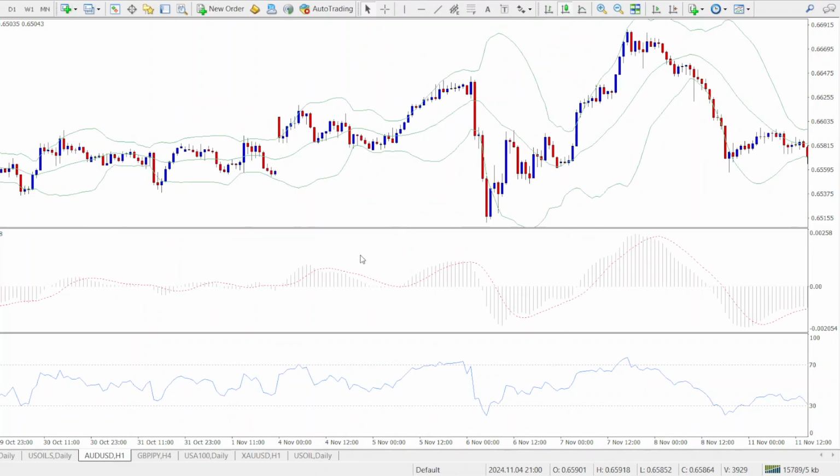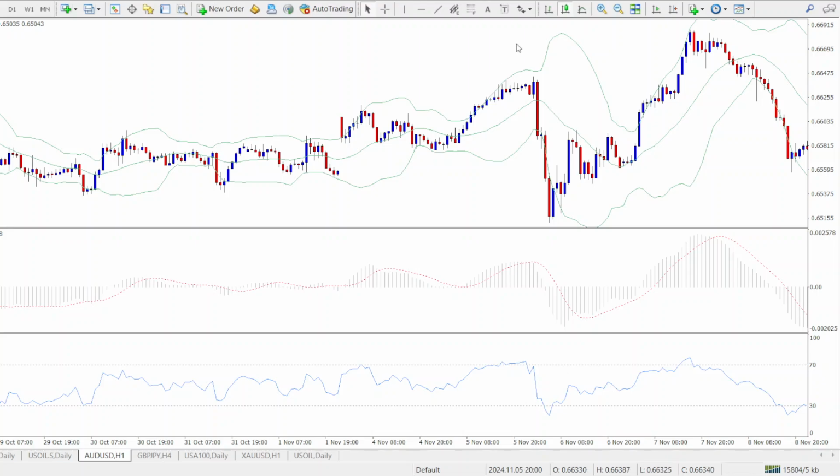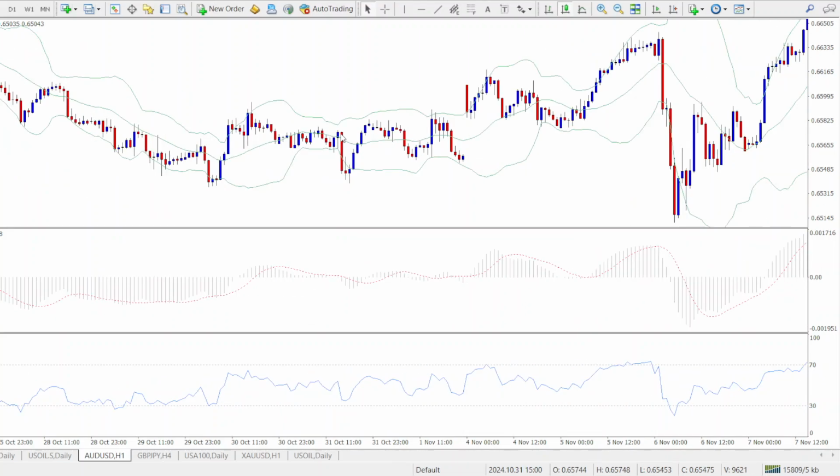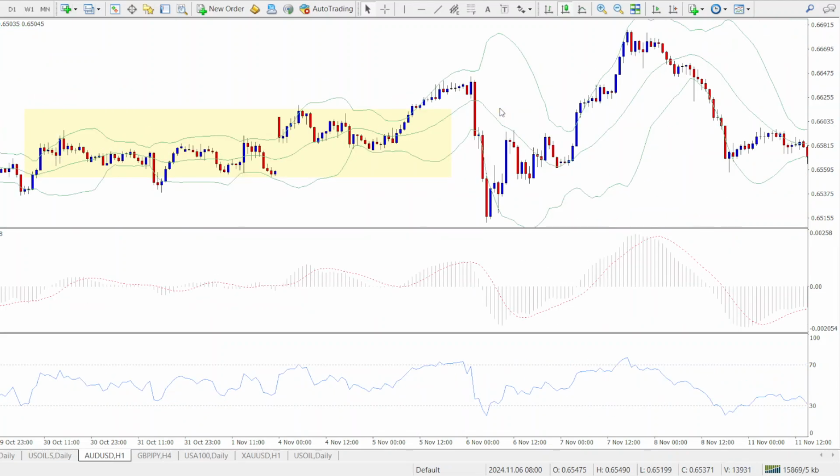For example, if you have the price of the asset breaking out of the Bollinger Band squeeze, we can see that we had a period of consolidation around here. We had a Bollinger Band squeeze, this whole period had some degree of low volatility, and then finally we can see that we had a breakout here.